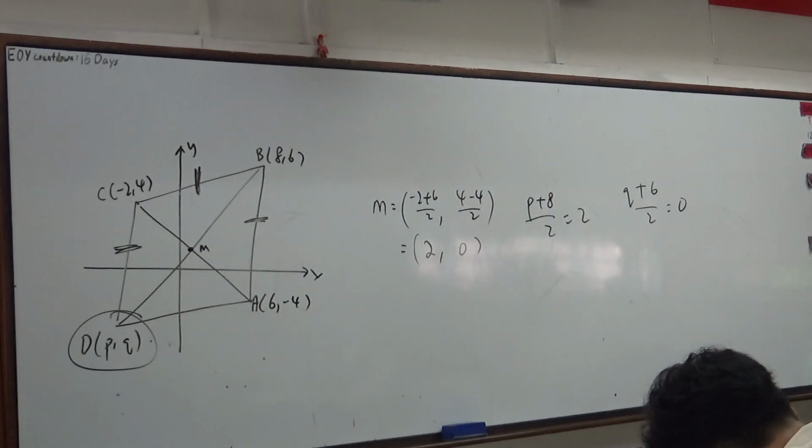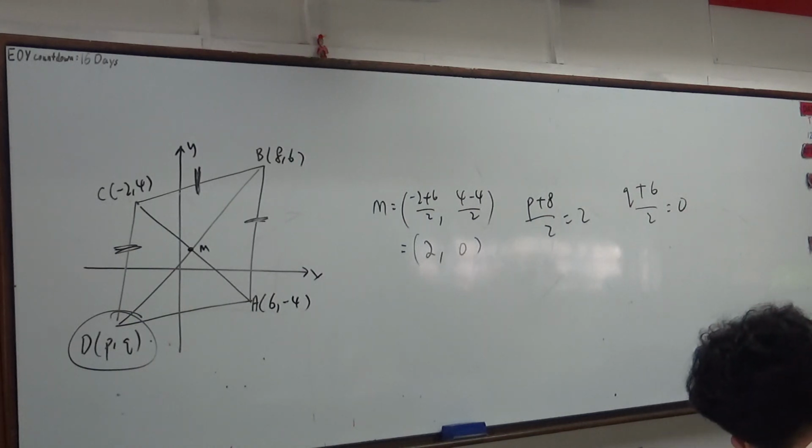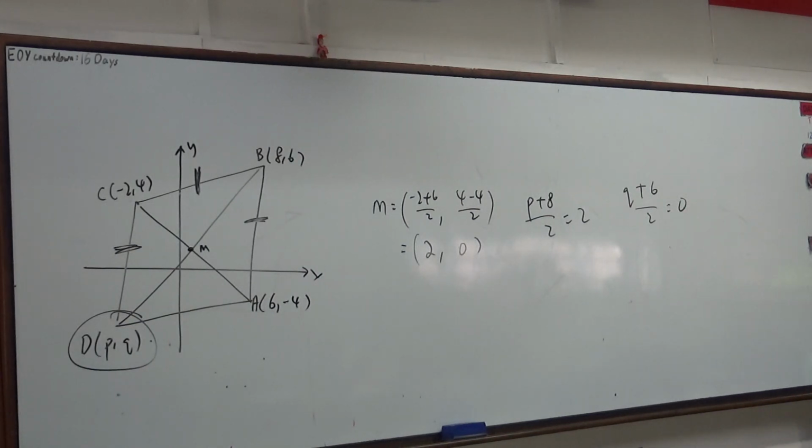Are we clear? What's the difference between a rhombus and a square? I want to ask you, is a rhombus a square? Is a square a rhombus?